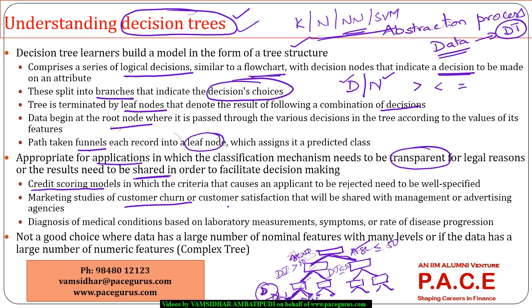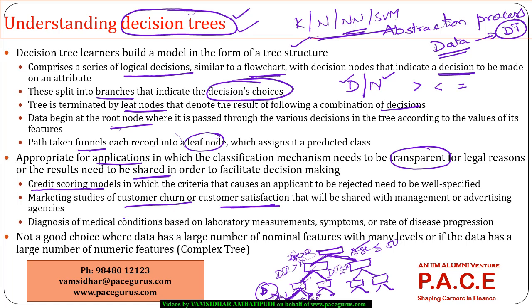Similarly, when I am looking at customer satisfaction, the whole study of customer satisfaction needs to be shared with the management and advertising agencies. So wherever data sharing is very important, the decision tree is much more appropriate compared to any other methods for classification.